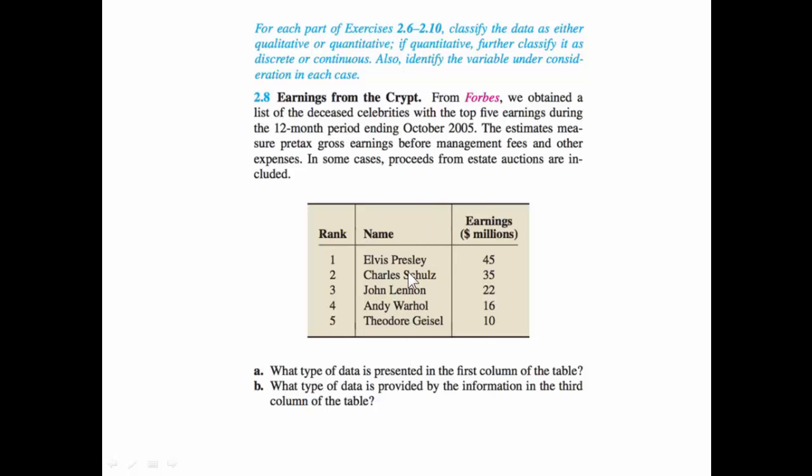Names of dead people who are still making a lot of money, those are categories. Elvis had 45 million that year. The year was 2005. Charles Schulz, the fellow who wrote Peanuts stuff, his earnings were 35 million. Theodore Geisel, Dr. Seuss, 10 million.